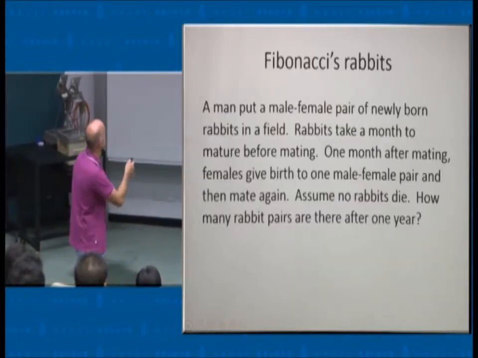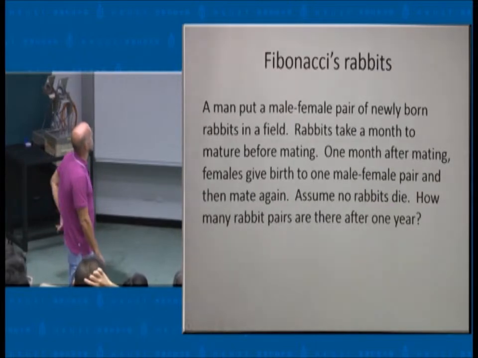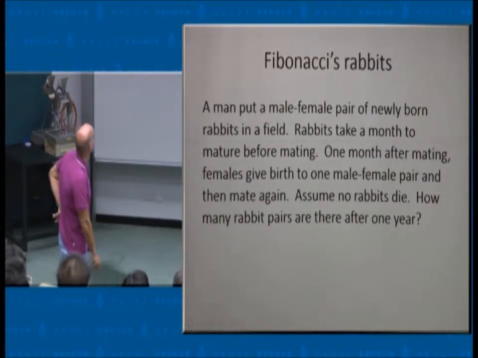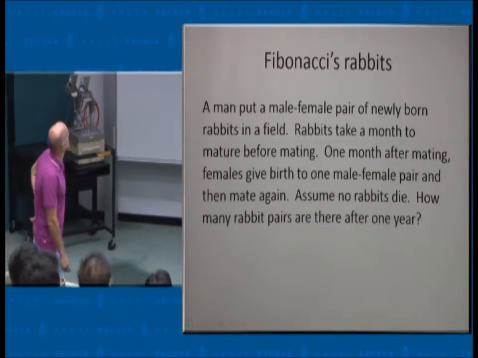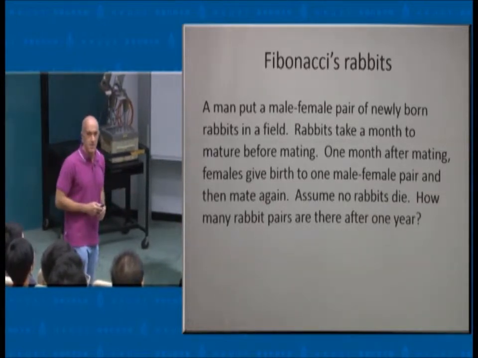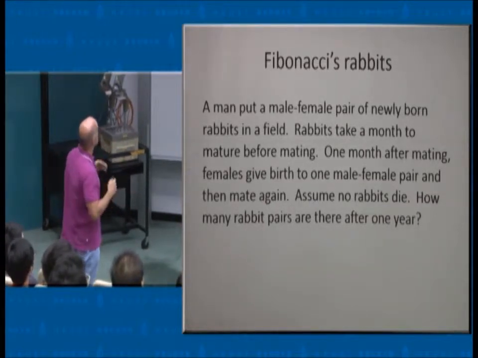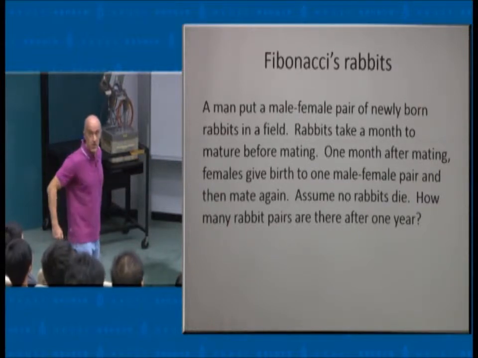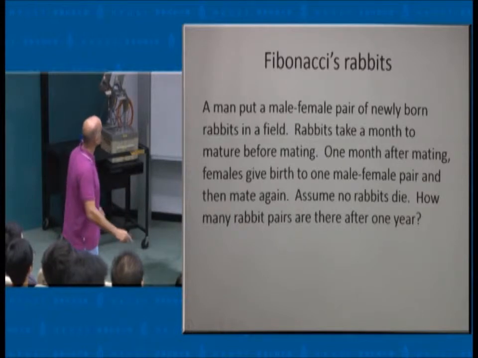Okay? So what is the problem? This is Fibonacci's rabbits problem. So a man put a pair, a male-female pair, so they can reproduce. A man put a pair of newly born rabbits in a closed field. And then there are certain conditions.